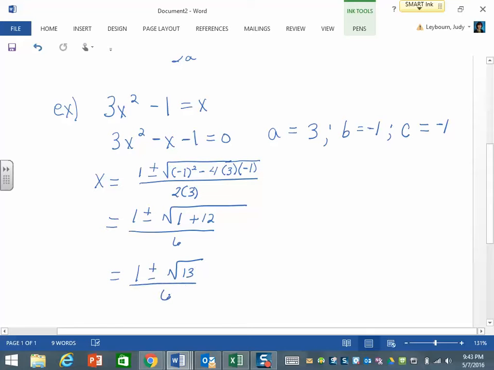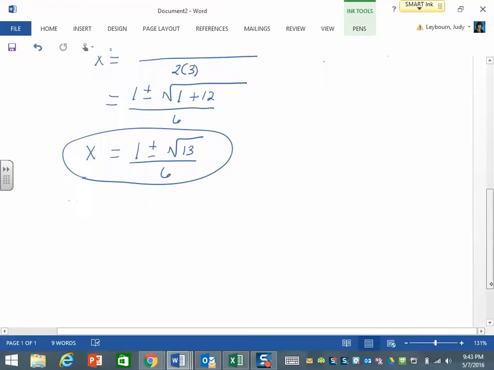And you'll see that we'll get two values for x. One of them would be 1 plus the square root of 13 all divided by 6. And the other one would be 1 minus the square root of 13 all divided by 6. If we want exact answers, we can just leave our answers written in this form and we would be done.